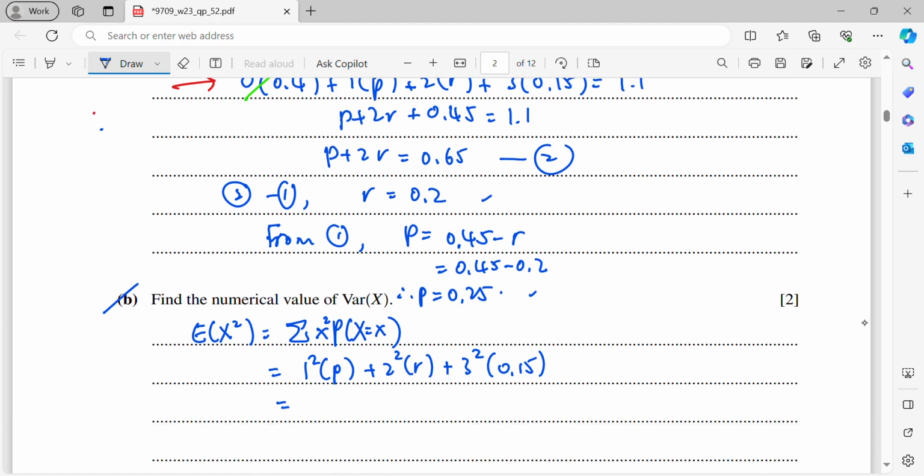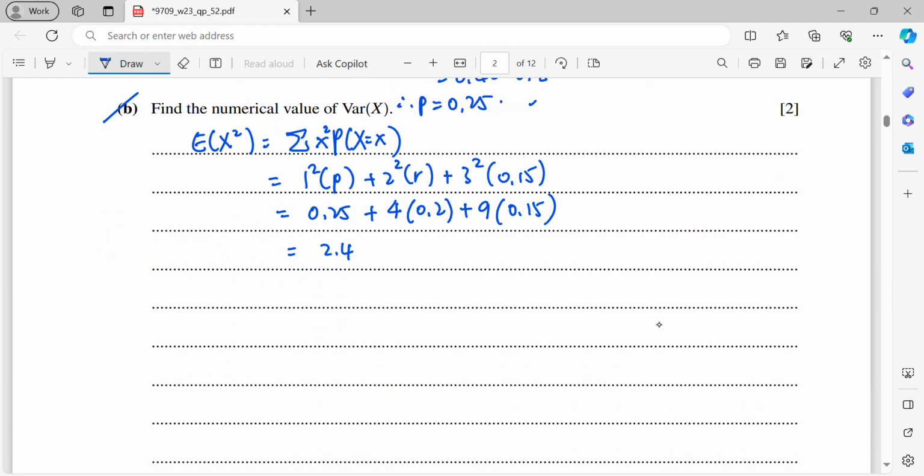So here you get 0.25 plus 2 squared, which is 4, times 0.2, then plus 9 times 0.15. At last, E(X squared) will be 2.4. Now the variance of X is basically E(X squared) minus the square of E(X).